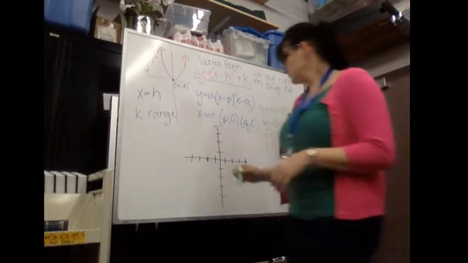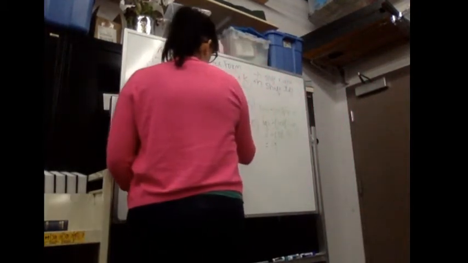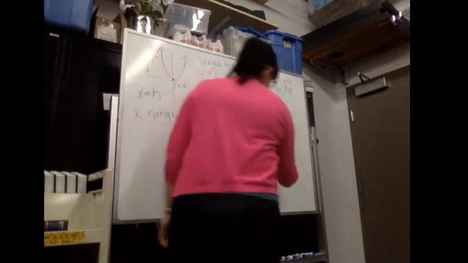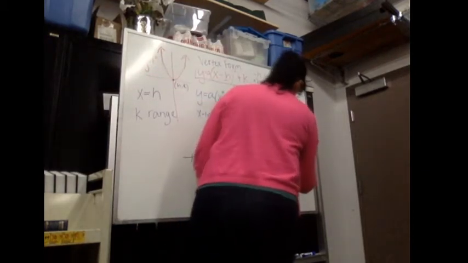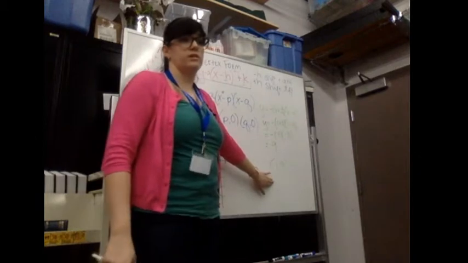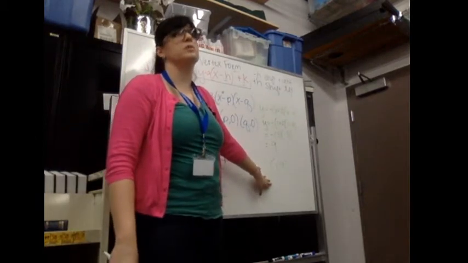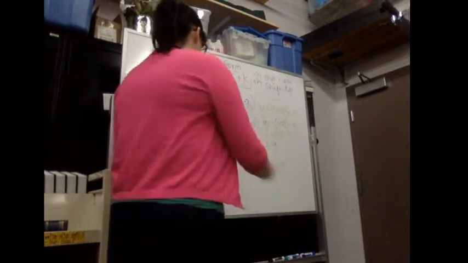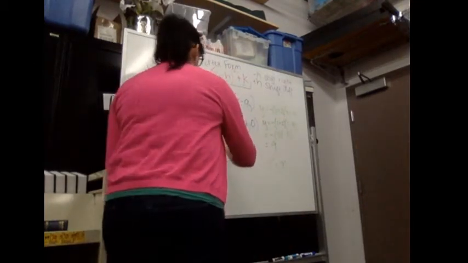So, 1, 2, 3, 4, 5, 6, 7, 8, 9. My vertex is the point 1, 9. Because I knew it was going to be 1, because that's where my axis of symmetry is, because that's what's in the middle. And 9 is what I got when I plugged that in. And I know it faces down, because my A is negative.